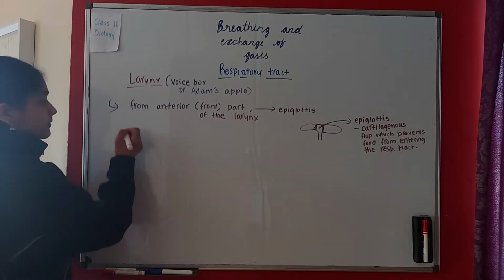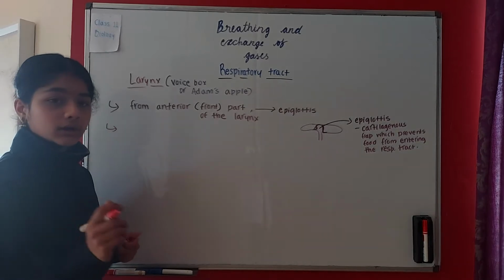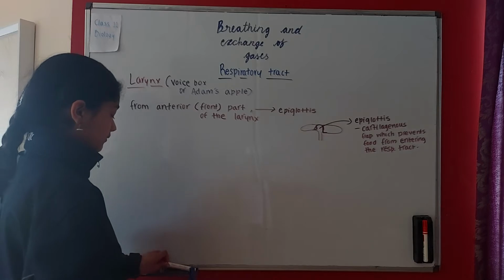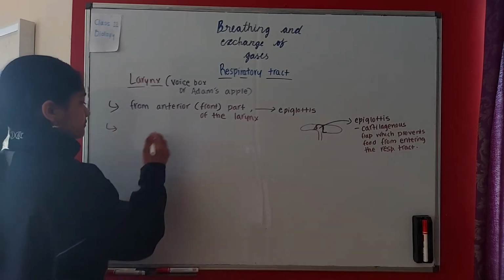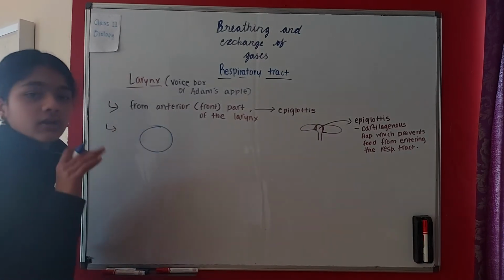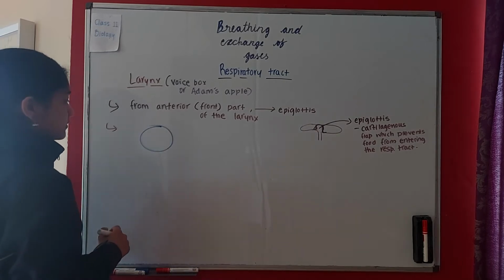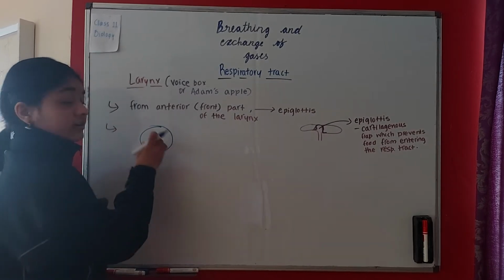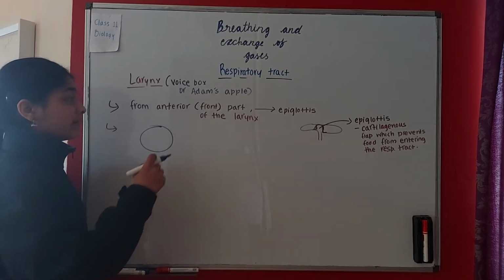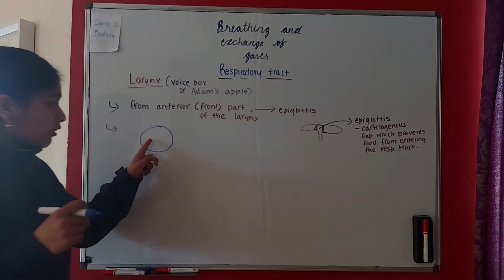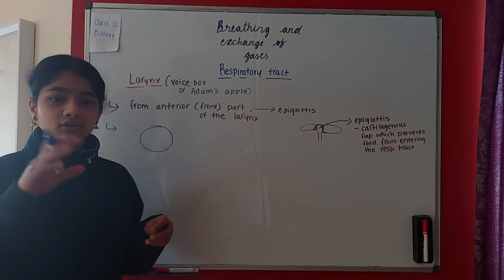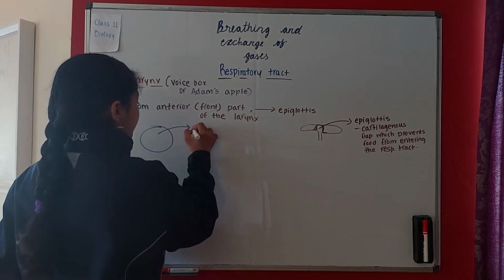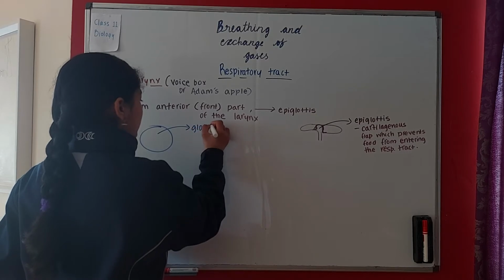One more thing is about the vocal cords. Now if we take the transverse section of the larynx, it looks like this. This is the transverse section of the larynx. Now this is the glottis. Glottis is what we see when we look at the transverse section of the trachea or the respiratory tract.